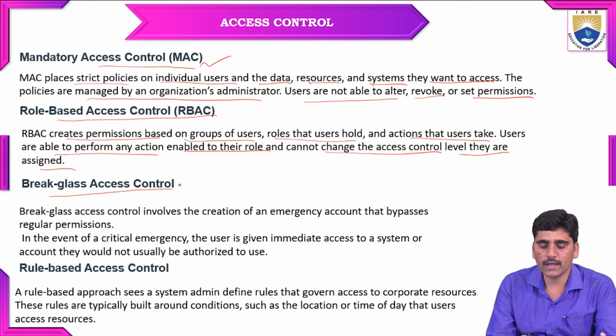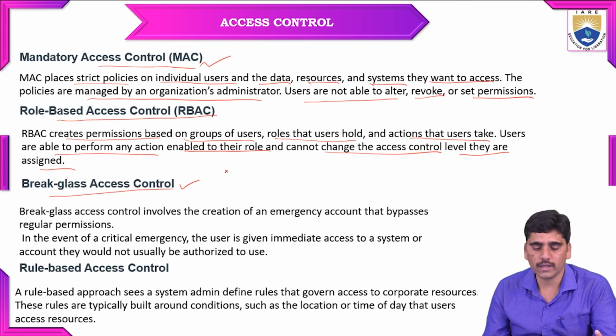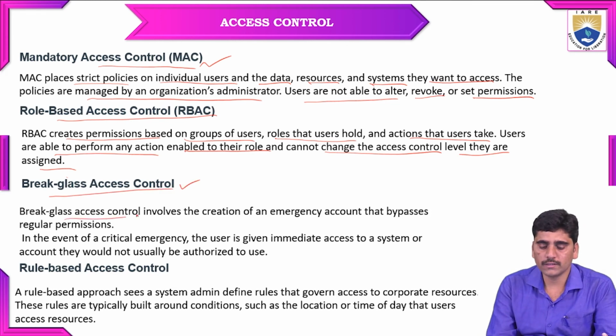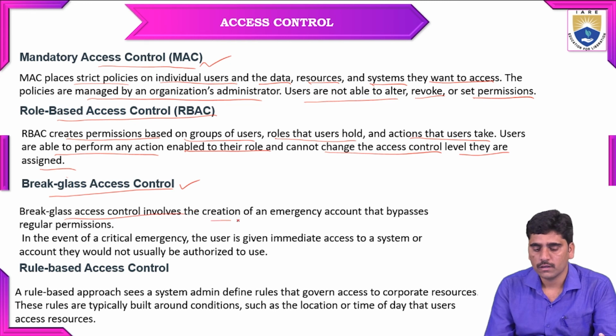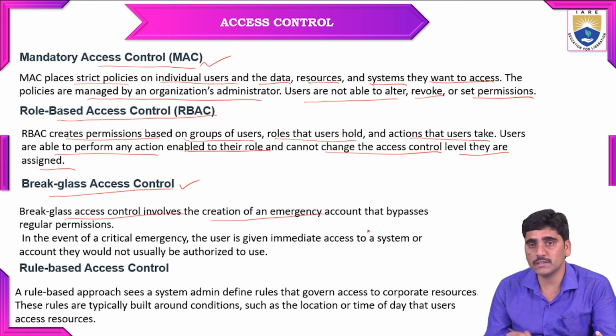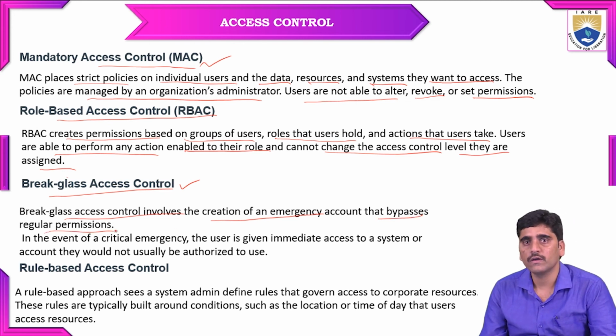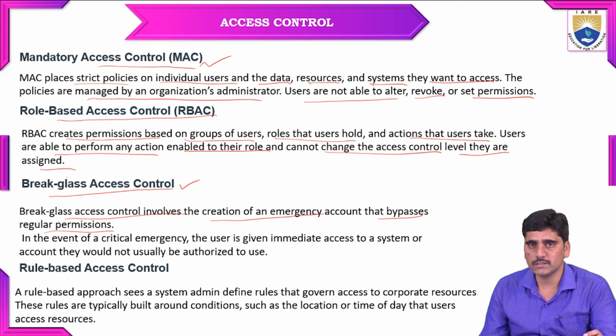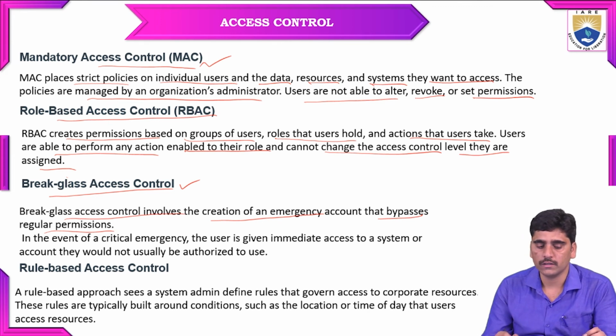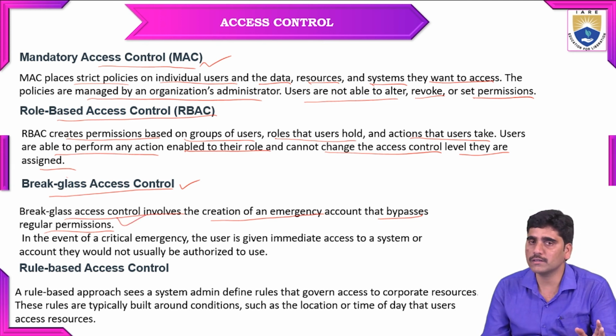And break glass access control. Break glass access control involves the creation of an emergency account that bypasses the regular permissions. Whenever an emergency situation exists, you can break the regular permissions because of this emergency.